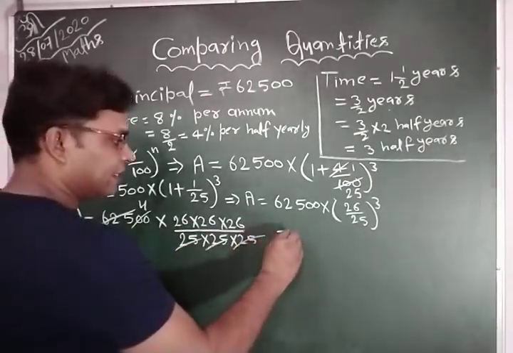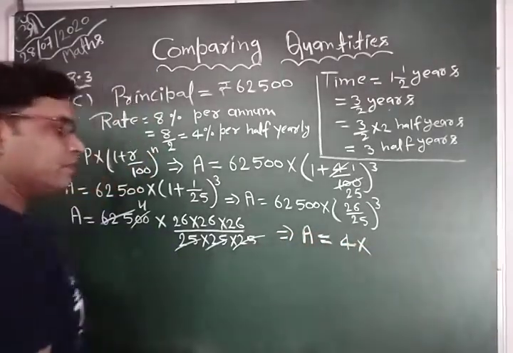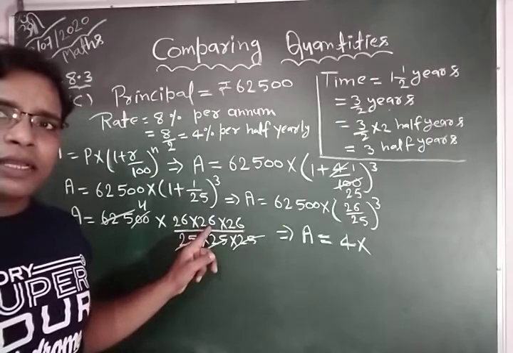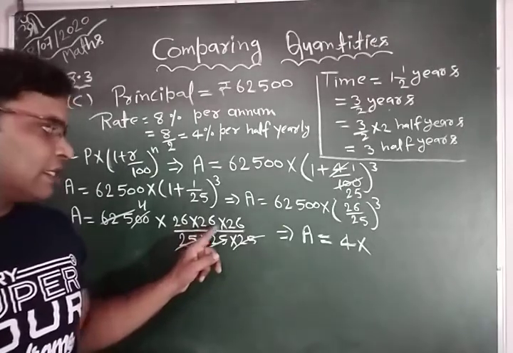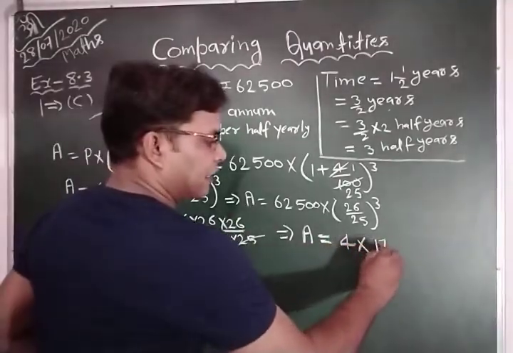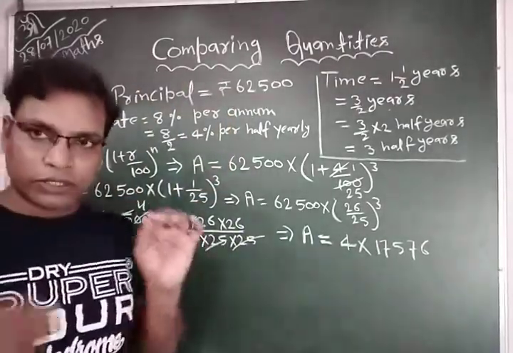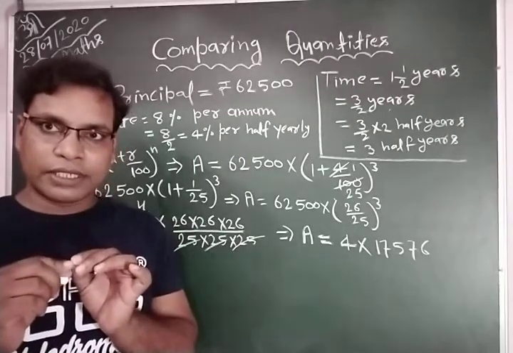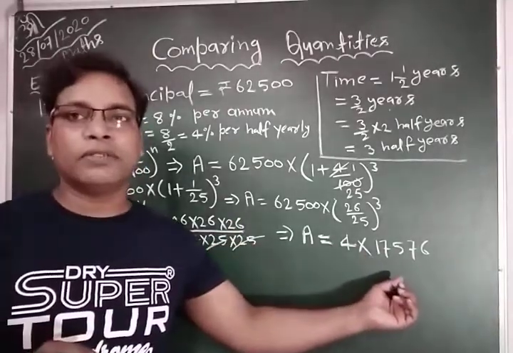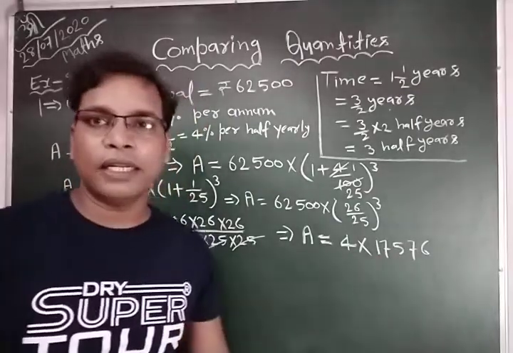So A is equal to 4 into 26 into 26 into 26, which is 4 into 676 into 26, which is equal to 4 into 17,576. Now we multiply by 4 to find the amount.